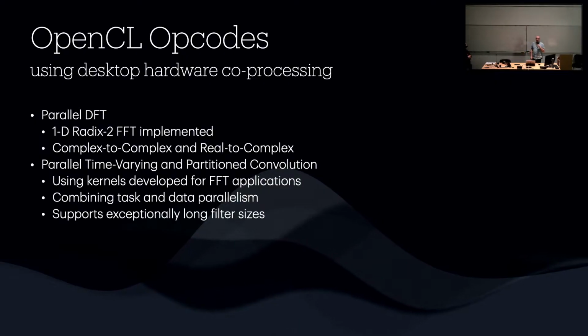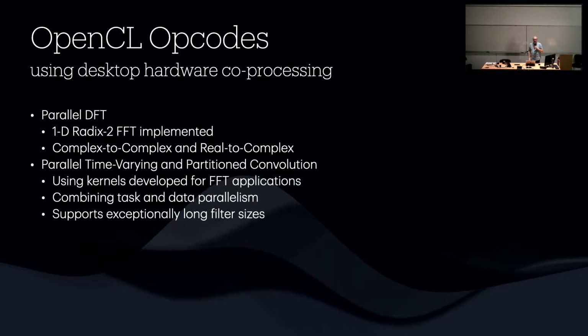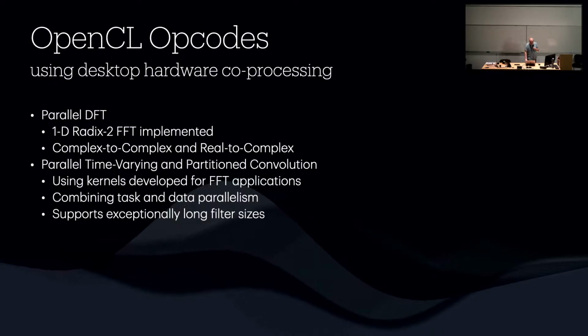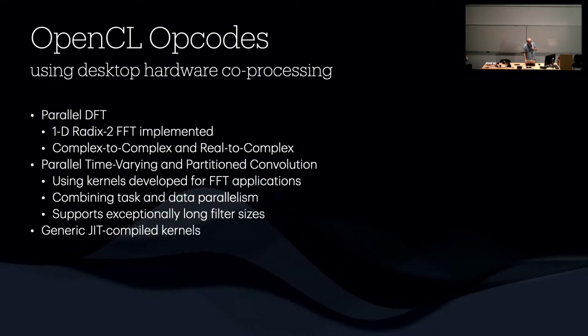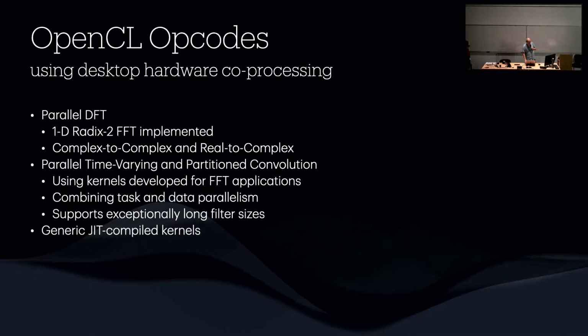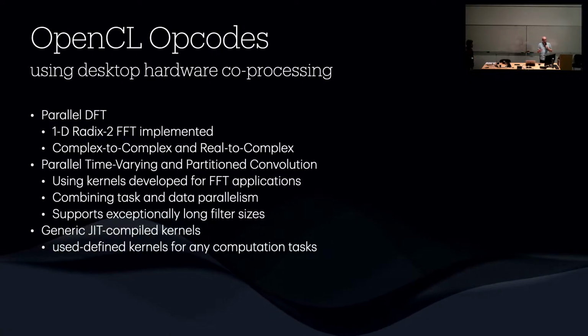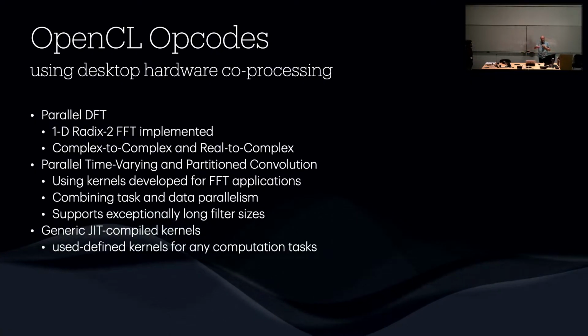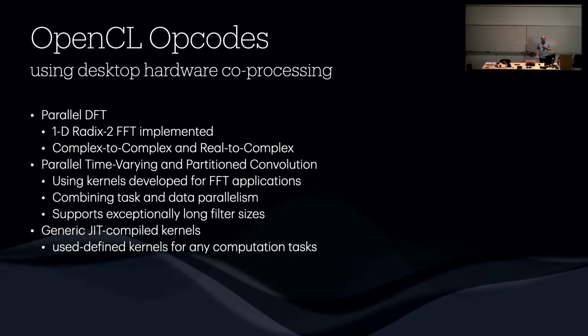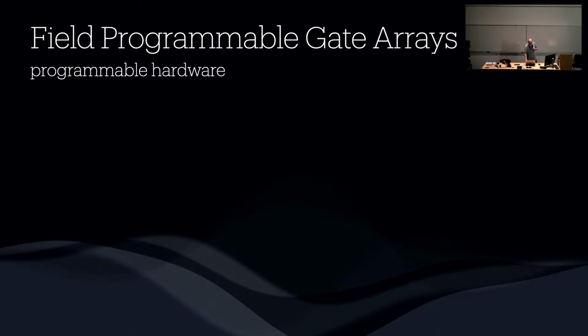So when we're talking about filters that can be minutes, like an hour-long filter, which is interesting. And JIT compiled kernels, so we expose that in CSound, so you can write your kernel and run it. So if you want to do your own custom parallel processing, you can do that.